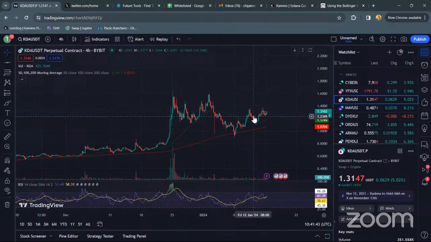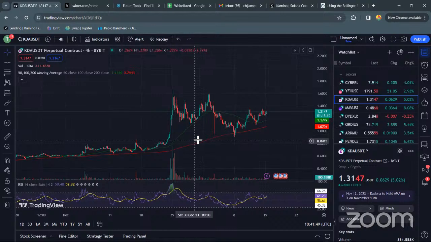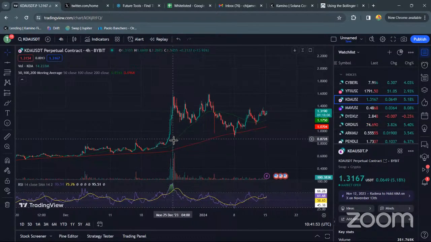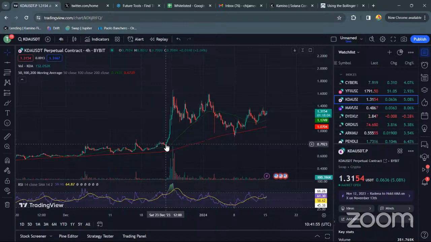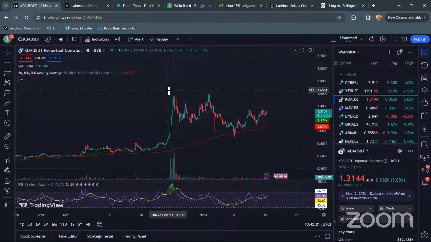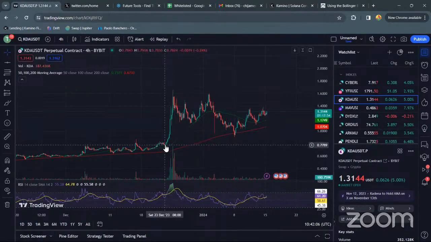So it has massive potential for a move from here. The last bull run, Cadena got to $20, right? And when we were talking about it last year, you can see this big move was just on the 23rd of December when it went from 0.78 up to 1.6. That's a 200% move in just a few days.